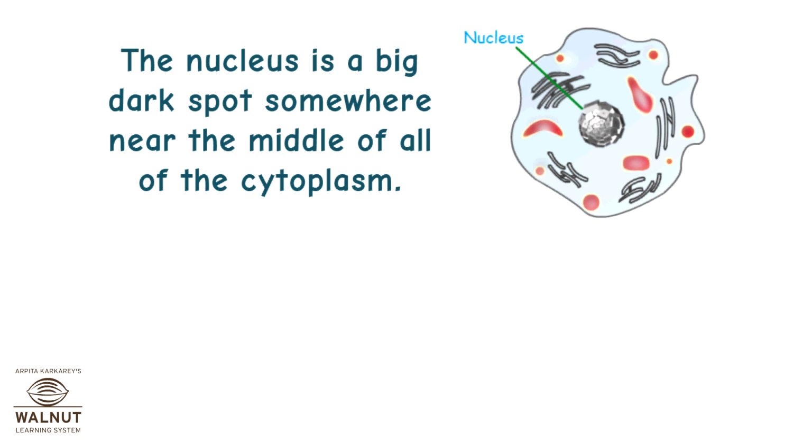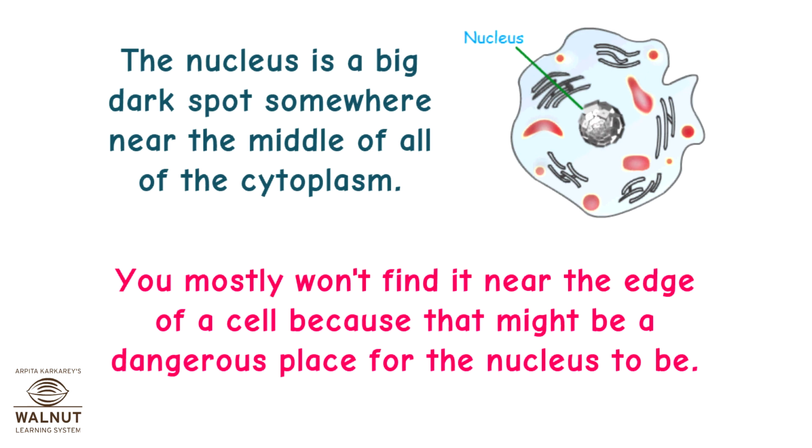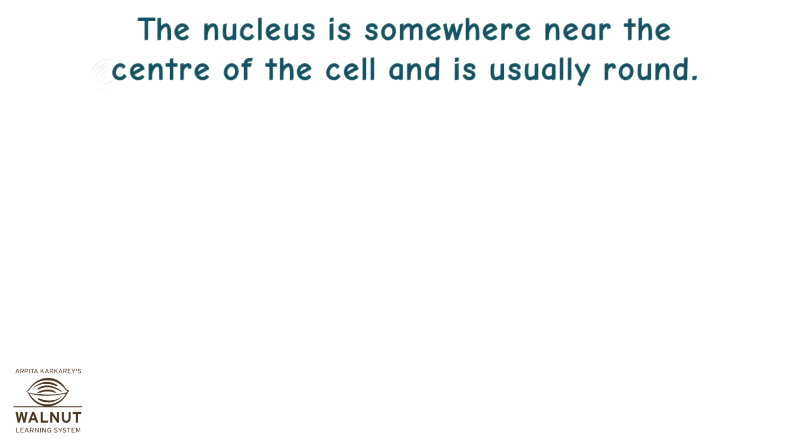The nucleus is a big dark spot somewhere near the middle of all the cytoplasm. You mostly won't find it near the edge of a cell because that might be a dangerous place for the nucleus to be. The nucleus is somewhere near the center of the cell and is usually round.